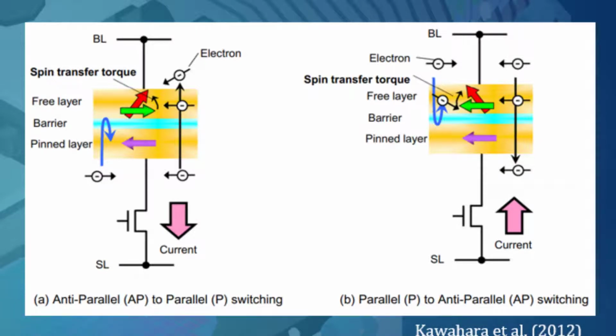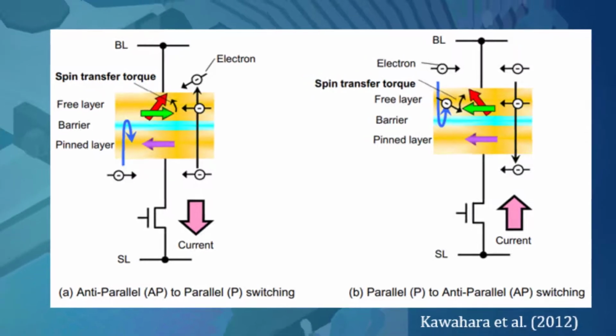The application of current can change the magnetic direction of the free layer. If the pin layer and the free layer have the same direction of magnetization, or the layers are in parallel, the MTJ is referred to as being in the LRS, or low resistance state. For the MTJ to be in the high resistance state, or HRS, the direction should be anti-parallel. So the two ferromagnetic layers' directions are anti-parallel.